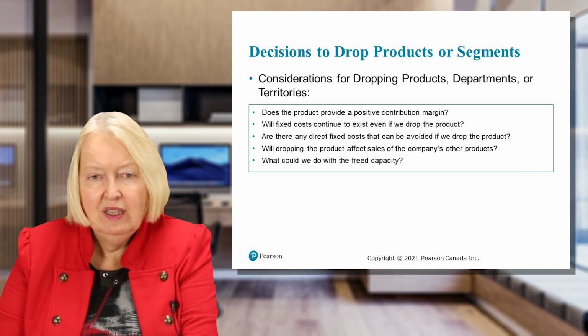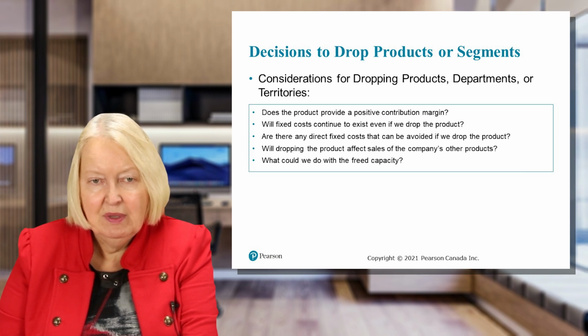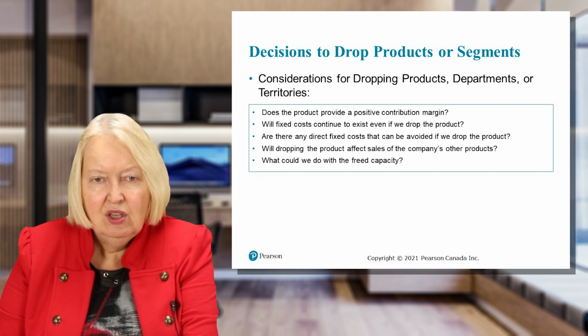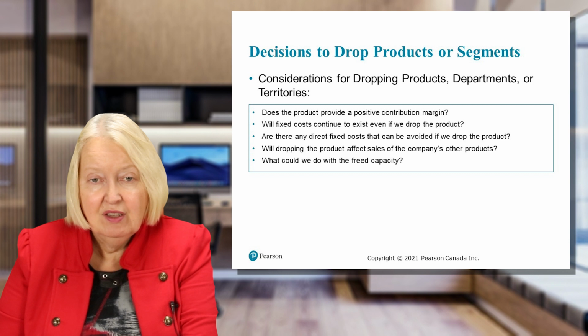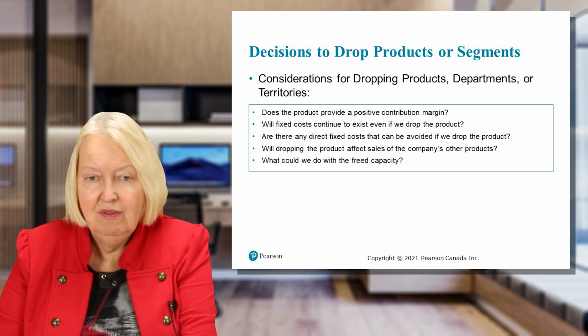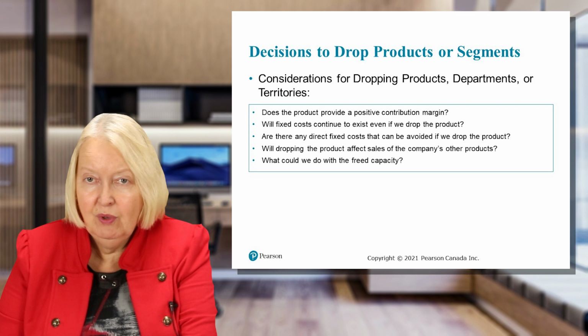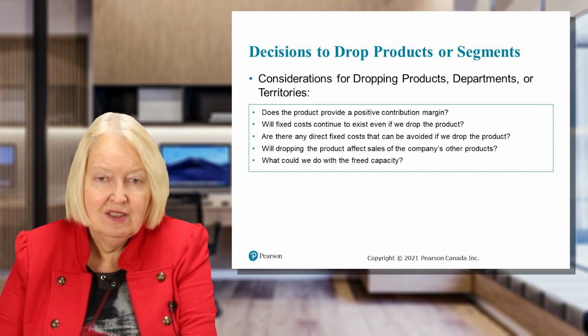So when you're looking at dropping a product or a segment, again, you're looking at, does this product provide a positive contribution margin? So contribution margin, you'll recall, is your selling price less your variable cost. Then you got to think about, will your fixed costs continue to exist even if you drop the product? Or are there any fixed costs that can be avoided if you drop the product? Will dropping the product affect sales of your company's other products?